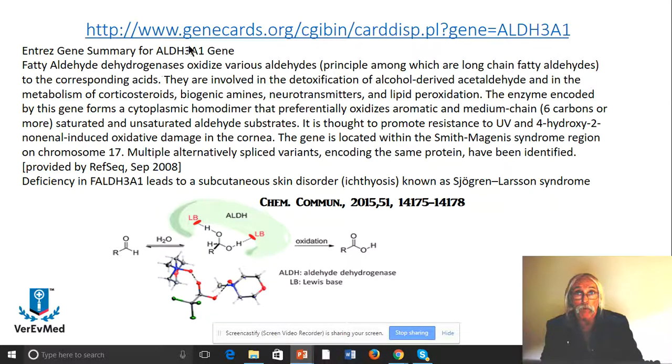Now, another very important issue here is a deficiency or a complete ablation of this ALDH3A1, the one we're talking about here, which can lead to another disorder, not associated with UV light directly, but it is a subcutaneous skin disorder. It's also called an ichthyosis. Now, ichthy means fish. So this is the very rare autosomal recessive disease known as Sjögren-Larsson syndrome.